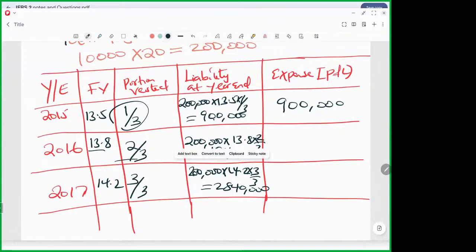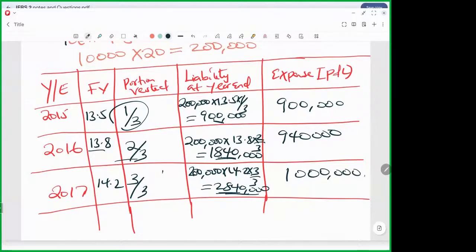And remember, to get expense for the year, you take the closing liability minus the opening liability. 1,840,000 minus 900,000. Joseph is giving me 940,000. And then this is the closing liability for the third year minus 1,840,000. It's giving me 1 million.